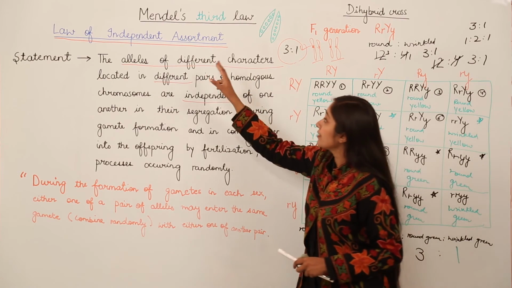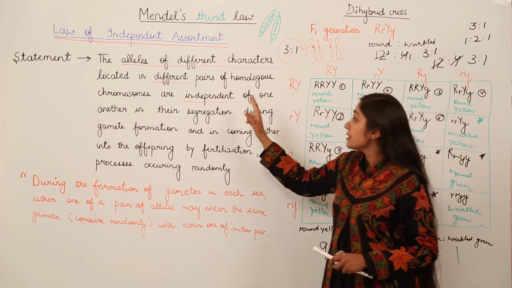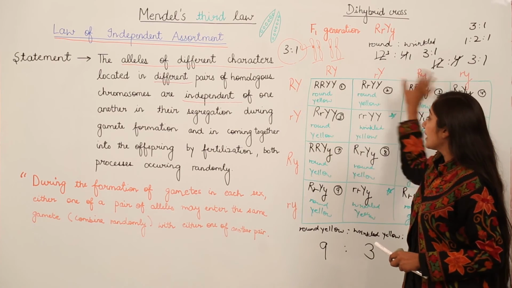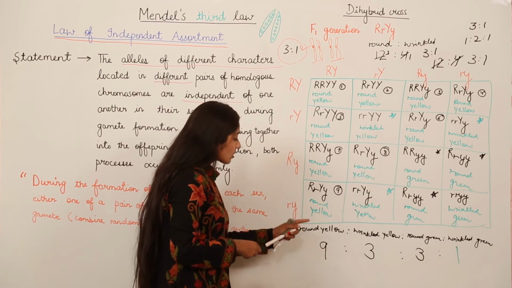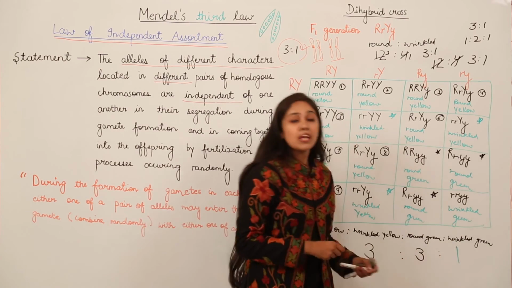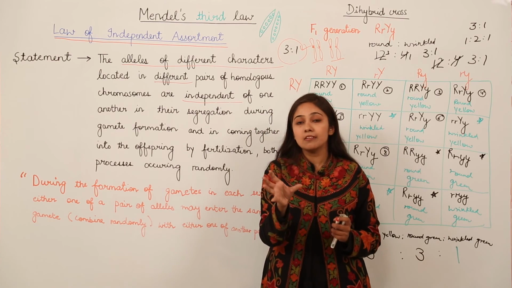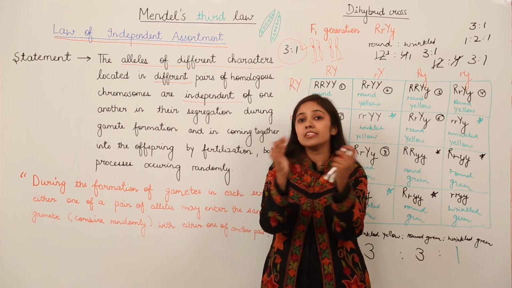See, the alleles of different characters located in different pairs of homologous chromosomes are independent of one another in their segregation. How? Because when we had this cross, we had 16 plants, 16 outcomes, and the phenotypic ratio was 9:3:3:1. What we are proving here is that when we have two characteristics at a time, they independently assort and none interferes with the other.